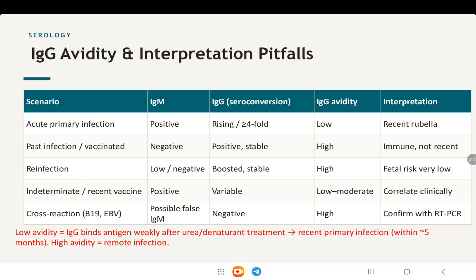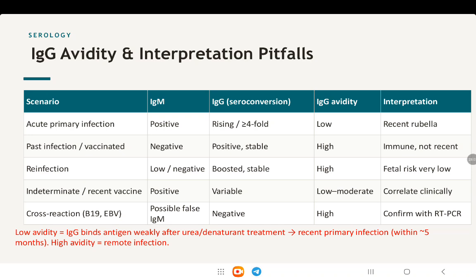This is what we call low avidity. Over the next few months, the antibodies mature and bind much more strongly to the virus. This is what we call high avidity.